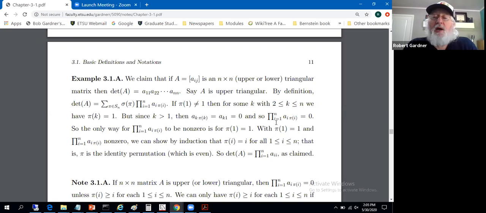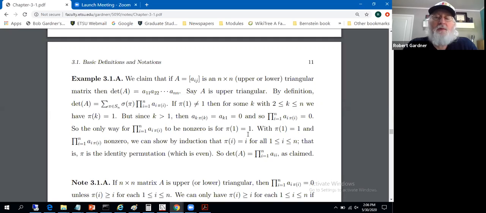So if you take the product from 1 to n of a sub i, pi of i, when i hits the parameter k, we'll get a sub k1. Well, that's a 0 entry. Well, the product of all those things is going to be 0 because the kth one of them is 0. So the only way we can have non-zero for a product of this form is when pi of 1 equals 1.